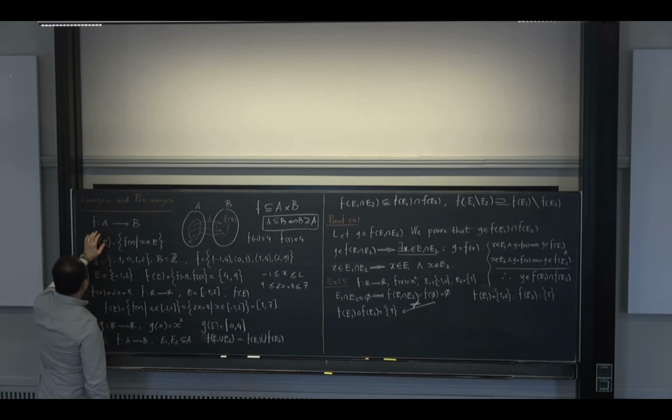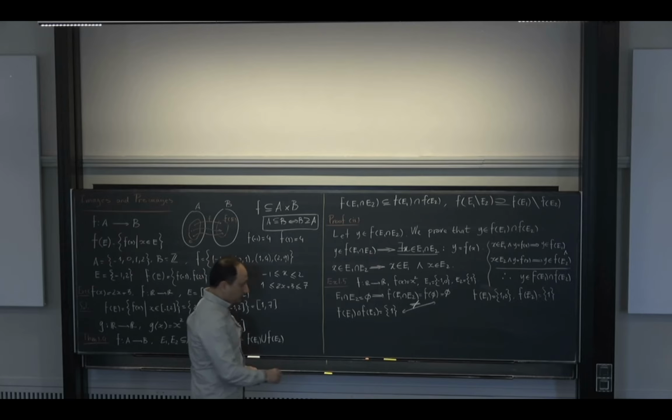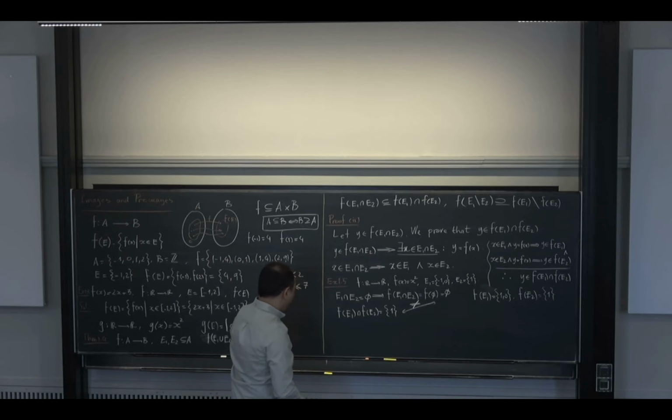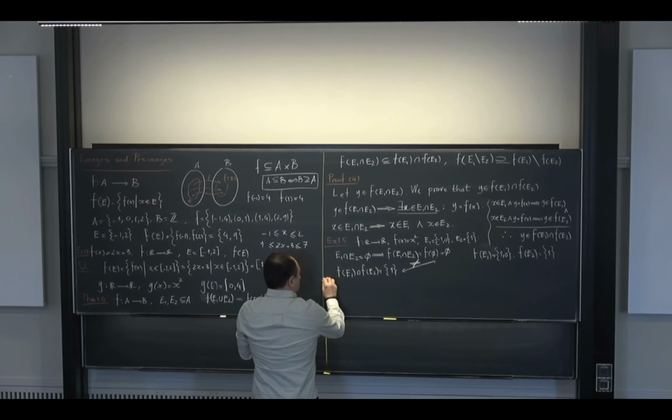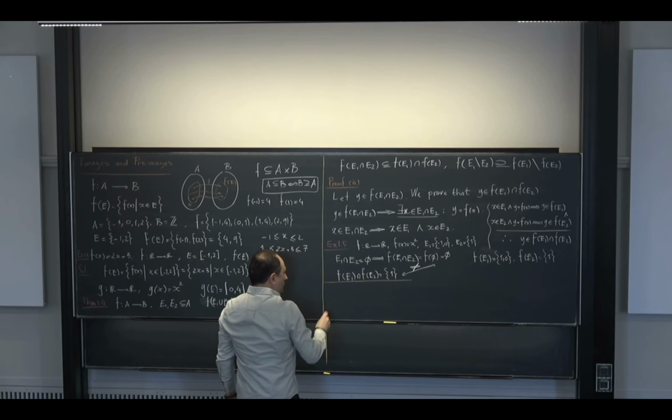So here I started with a subset of the domain for image. For pre-image or inverse image, I start with a subset of the codomain.